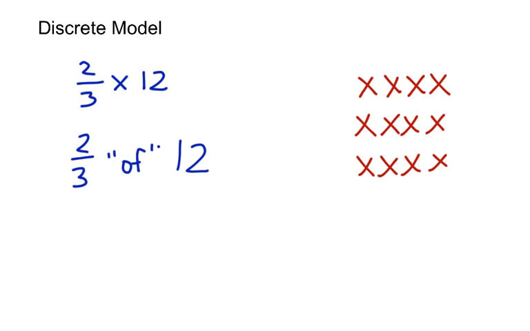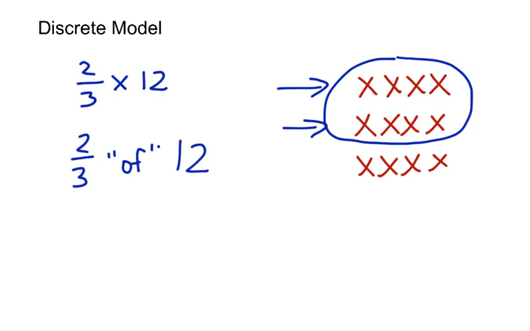Well, I have 3 rows altogether, so 2/3 of it is going to be 2 of those rows. So 2/3 of 12 is right here, and altogether I can see I've got 1, 2, 3, 4, 5, 6, 7, 8. So 2/3 times 12 is equal to 8, and that's multiplying with the discrete model.